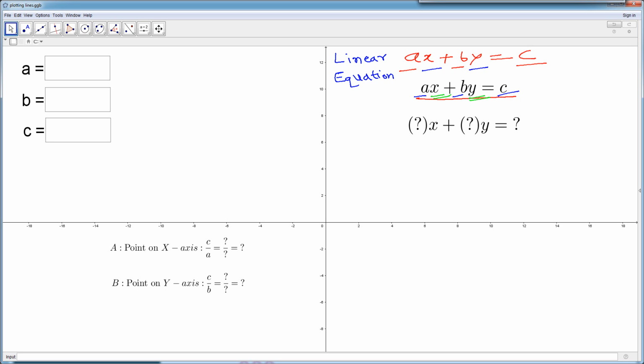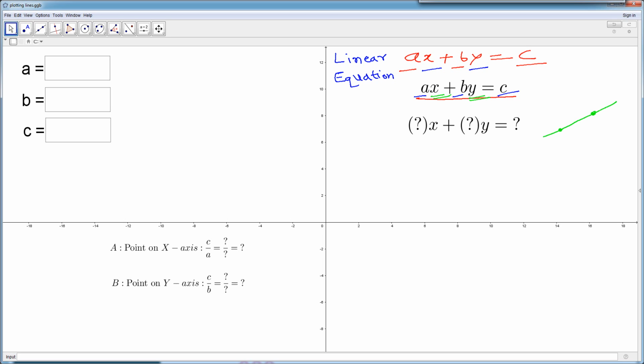Before we see examples, let me tell you the basic fact for plotting lines. In order to plot lines, you need 2 points. So 2 points determine a line. You need any 2 points on the line.